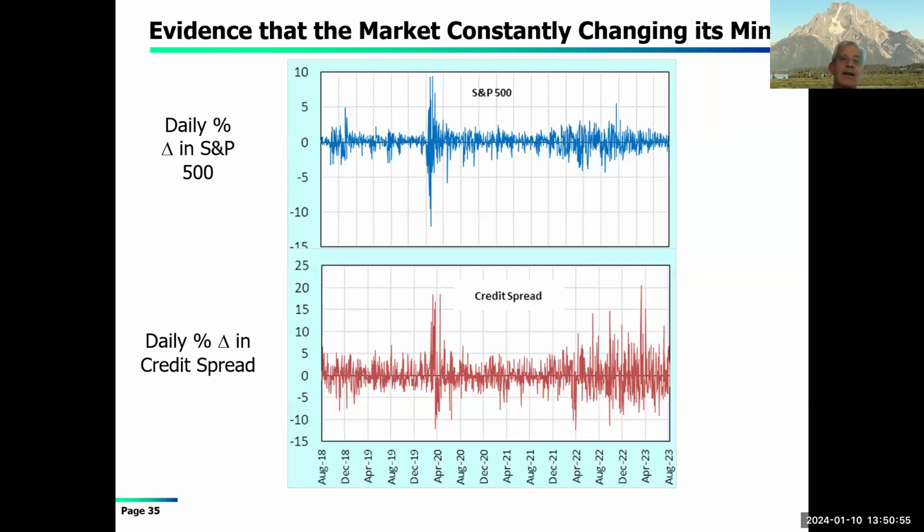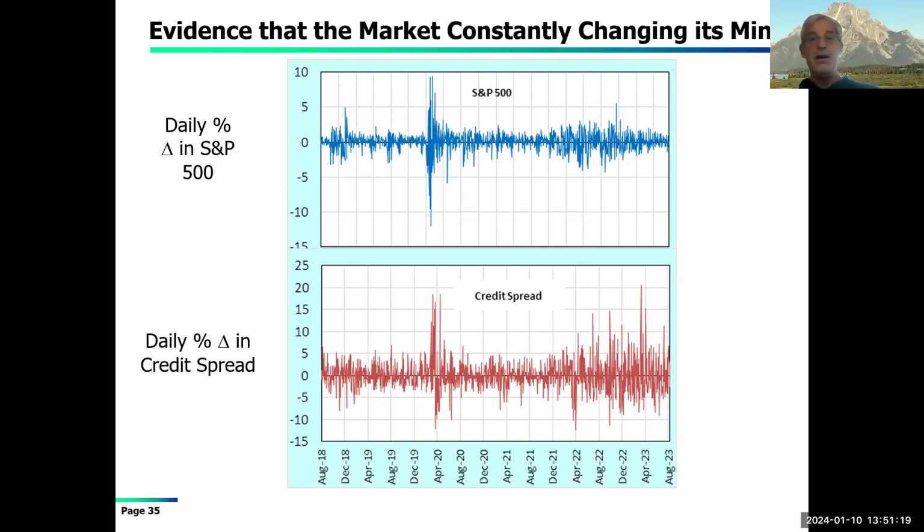And you think maybe these things aren't volatile. One of the things that I've done here is just graph the daily percentage change in the S&P 500 versus the daily percentage change in the credit spreads. If you go to CNBC or Bloomberg, you'll see them.